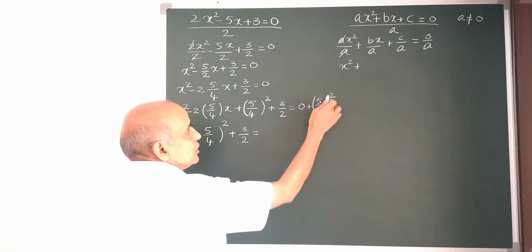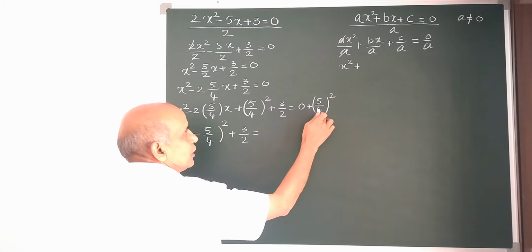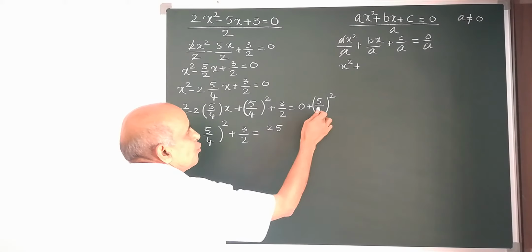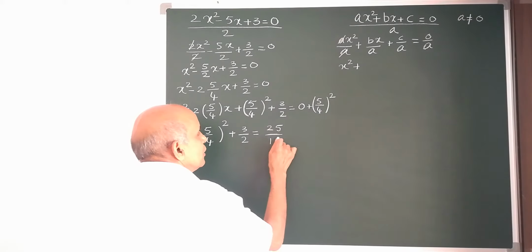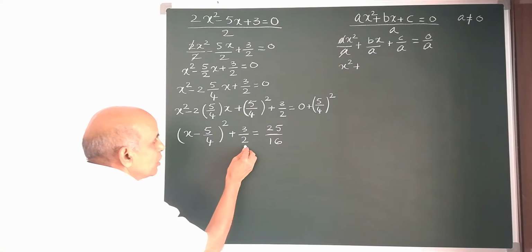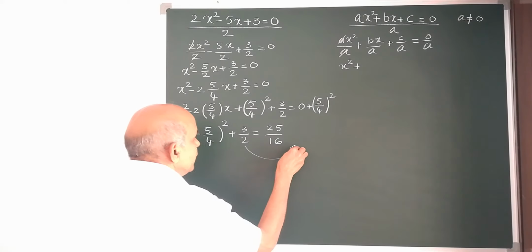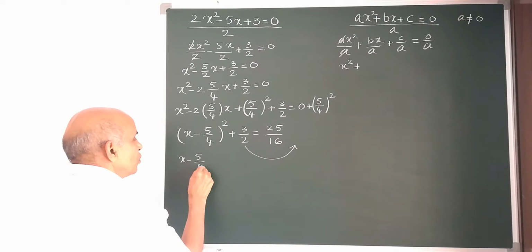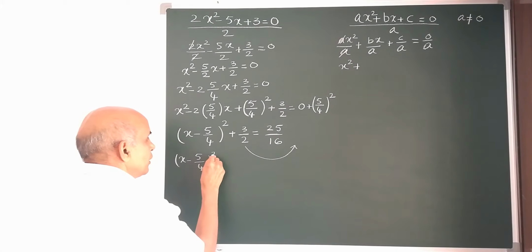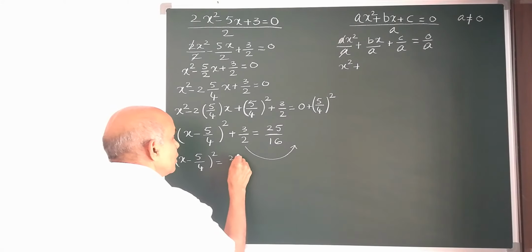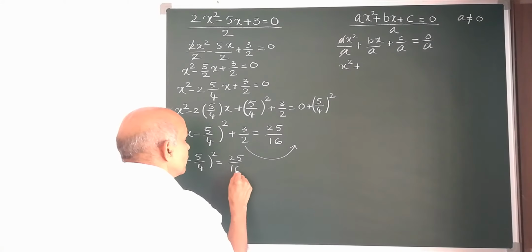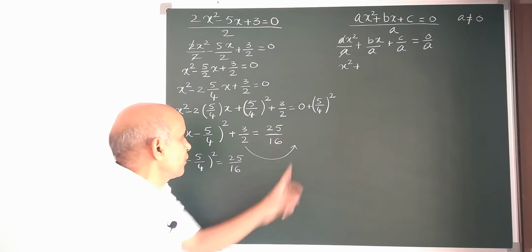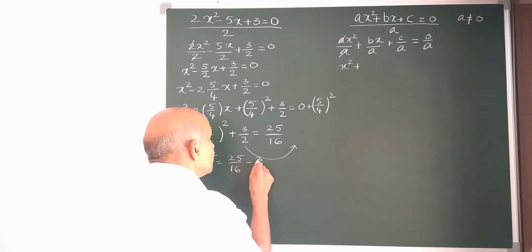I am expanding the square for both numerator and denominator. 5 square is 25, 4 square is 16. Now this 3 by 2 is constant, I will take this side. So this becomes x minus 5 by 4 whole square is equal to 25 by 16. When you transfer this side, it becomes minus 3 by 2.